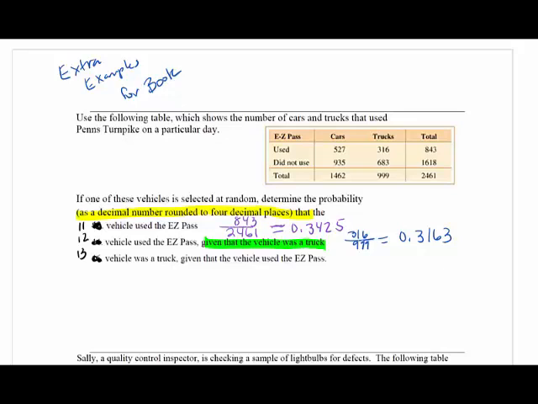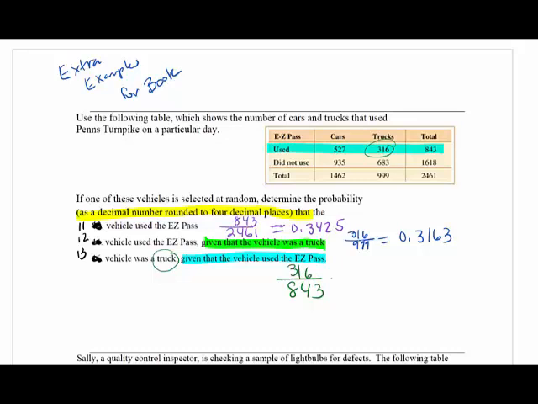Going to my number 13, my given portion is they used an easy pass. So I am only now looking at this row. So the total in that row is 843, and out of those, how many of them were trucks? So that's the 316.